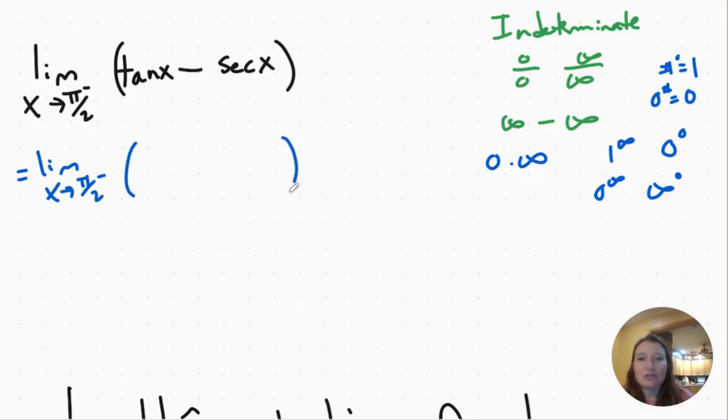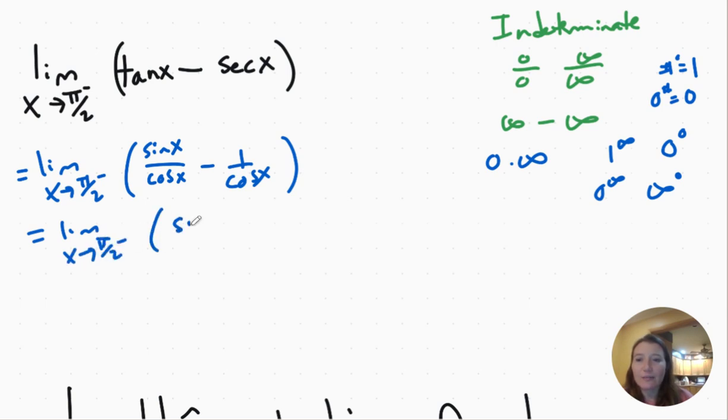If I'm using good mathematical skill here, and I know how to simplify tangent minus secant using some trig identities, I can combine these two as a single fraction, and I get the limit as x goes to pi halves of sine x minus 1 over cosine x.